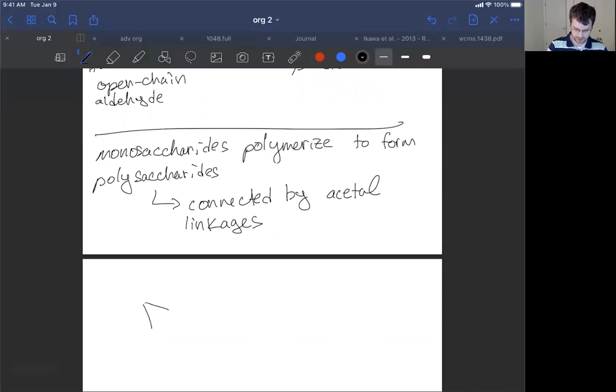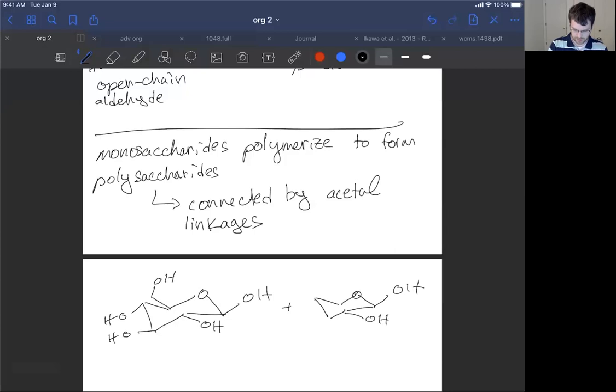another beta glucose, so here we go, chair structure alert, everybody's having fun. So here's my beta glucose. And I mix that with another beta glucose. You get better at drawing these things after you take biochem, because you have to be better.